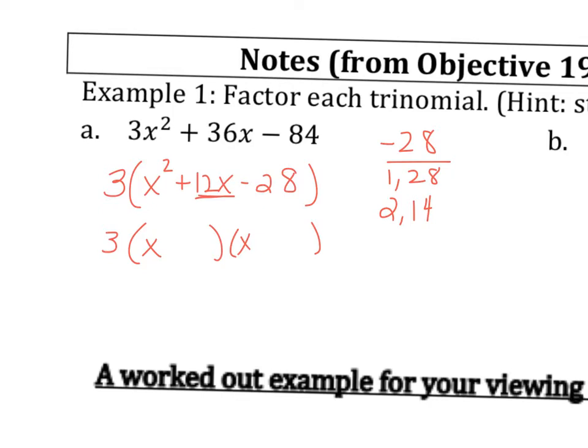So now I just need to figure out which number needs to be negative in order to give me a positive 12. So I'm going to need to have positive 14 and negative 2. And then I can't factor anymore.